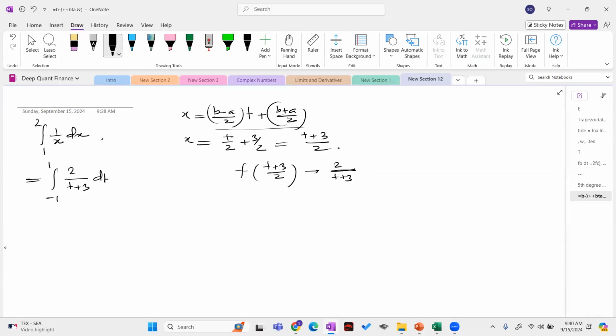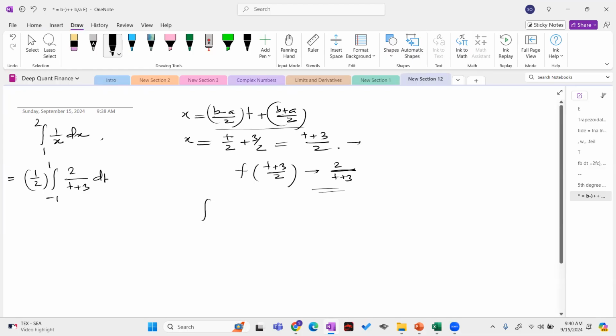I missed something. The constant outside, remember? We have (b minus a) by 2 outside, which is half. After this substitution, x equal to t plus 3 by 2, this integral transforms to this one. You also don't need the formulas that we derived. We can do it here, right?